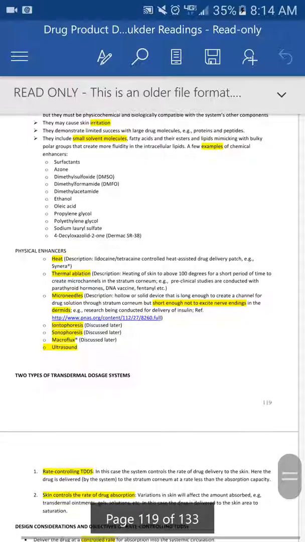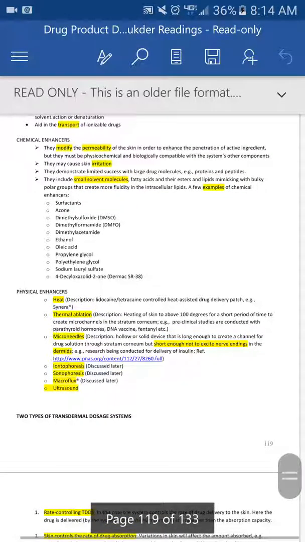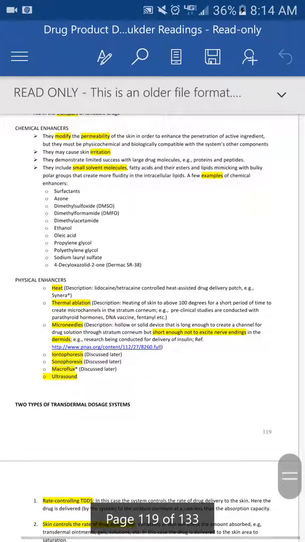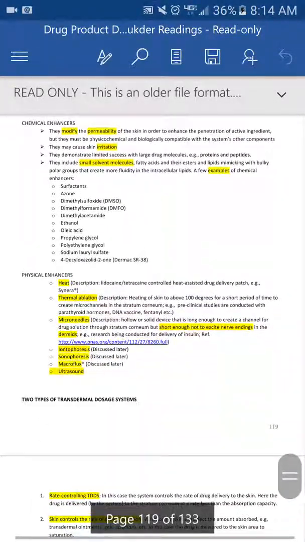They include small solvent molecules, fatty acids and their esters, and lipids mimicking bulky polar groups that create more fluidity in the intercellular lipids. A few examples of chemical enhancers or surfactants are ethanol and propylene glycol, and they modify the permeability of the skin in order to enhance the penetration of the active ingredients. So they would be enhancers rather than vehicles.